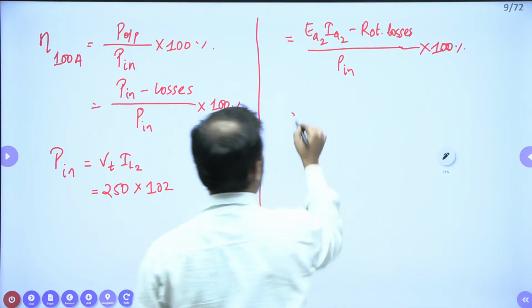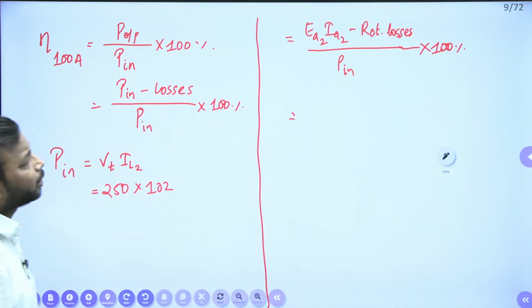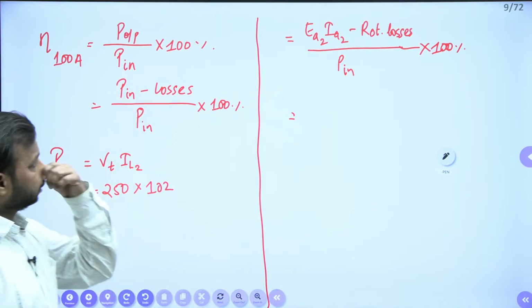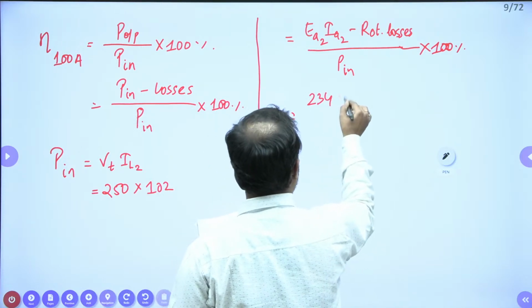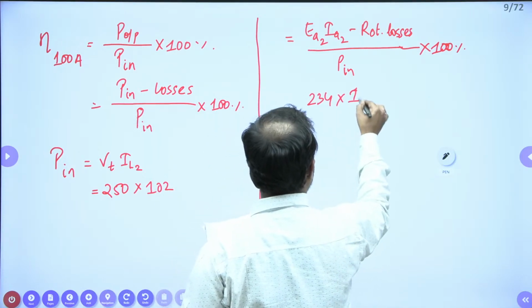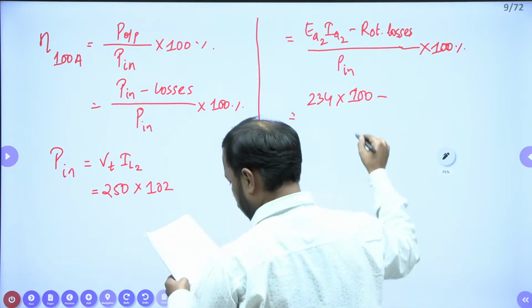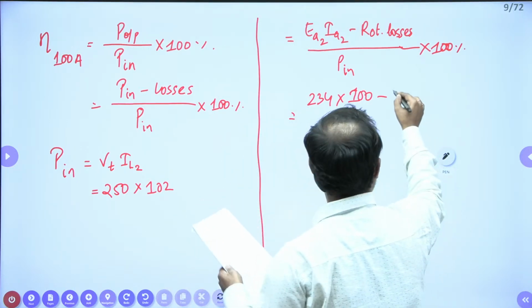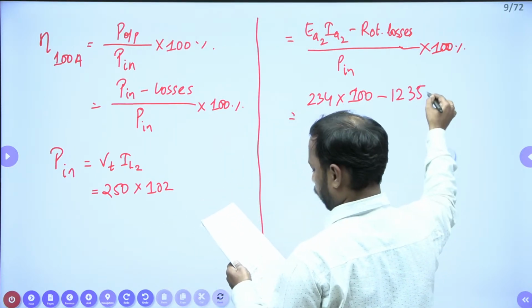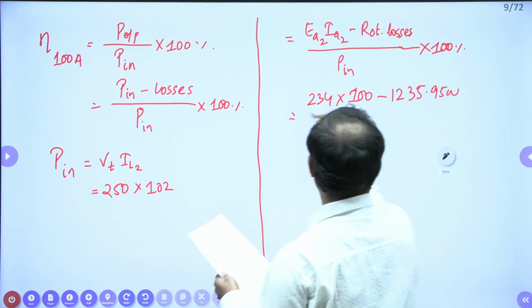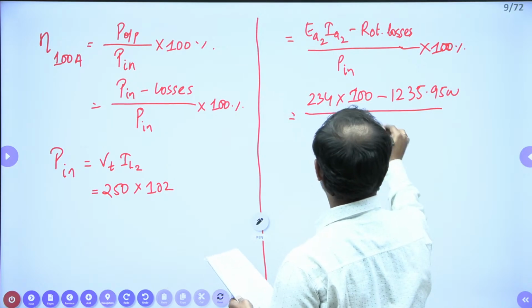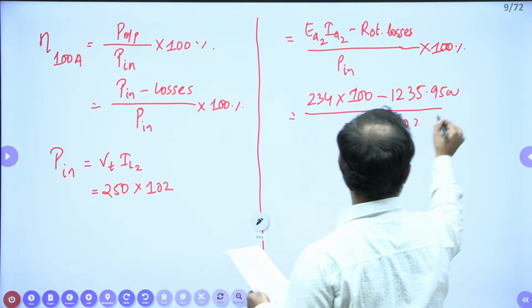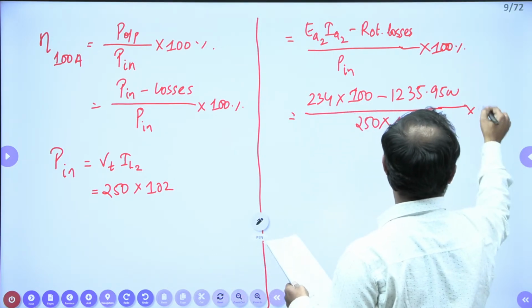Okay, so how are we going to calculate this part? EA2 we have as 234 into IA2 as 100 ampere, minus the rotational loss that we have got, 1235.95 watt, divided by the input here, 250 into 102, into 100%.